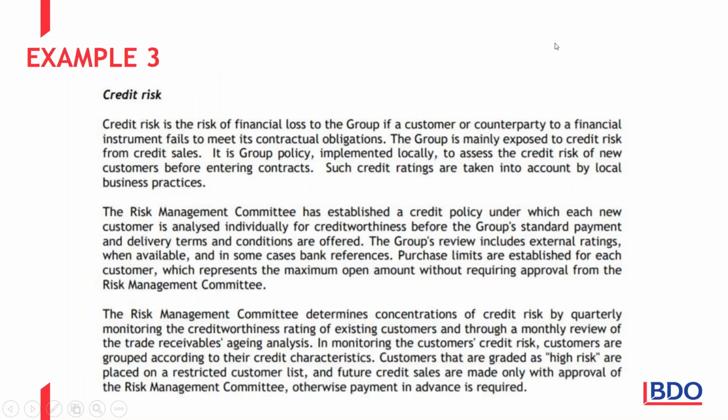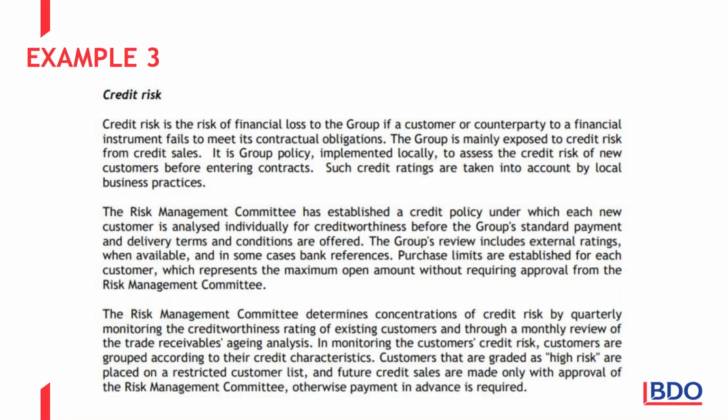This example 3 is really just a narrative of the credit risk management practices. To be frank, there's probably a couple of sentences in here that are boilerplate, but you can pick out a couple of key sentences that are unique to this entity. In the second paragraph, they talk about the fact that they've got a risk management committee, so that's unique.